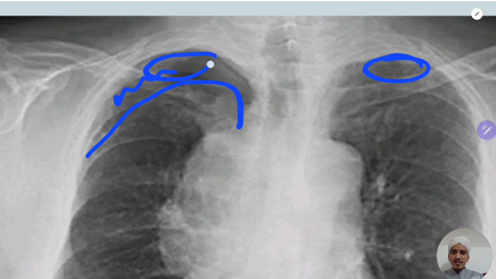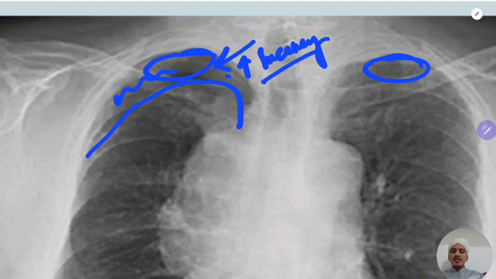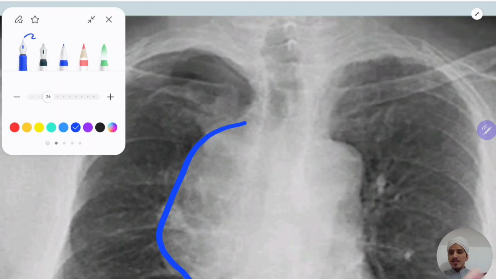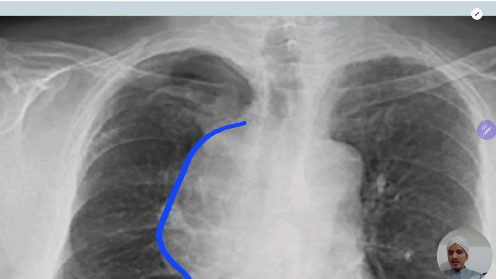Here the lucency is increased. So that is a small iatrogenic pneumothorax, and it is not a lung line. I was making a mistake. It is a mass actually, and we will learn about the mediastinal masses after this. The next topic is mediastinal masses only.